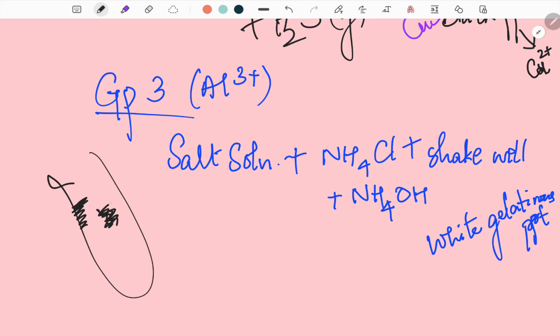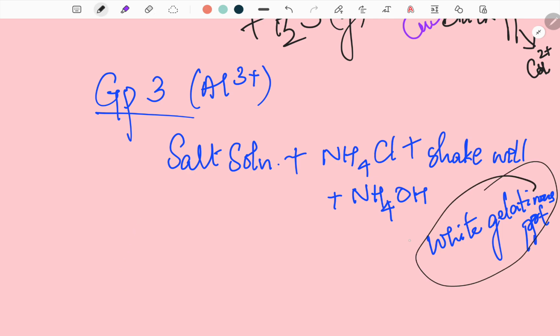So if this is your test tube, then your white precipitate should look like this. It should not be a continuous precipitate. You should be able to see some gaps in between. It should be gelatinous, and that means aluminium ion is present.